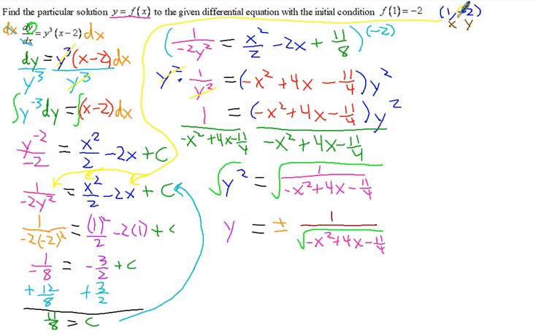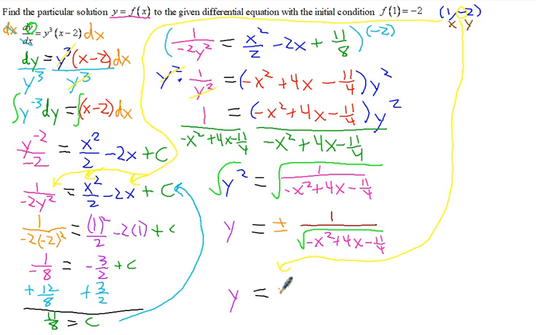Notice we had a negative y coordinate. So that's how we know it's the negative out in front to get a negative y coordinate. If it was a positive y coordinate, we would know it would be the plus. That's how you can tell. In this case, it's a negative y coordinate.